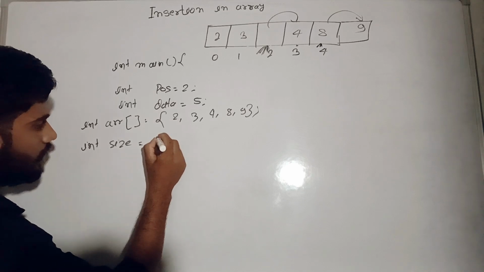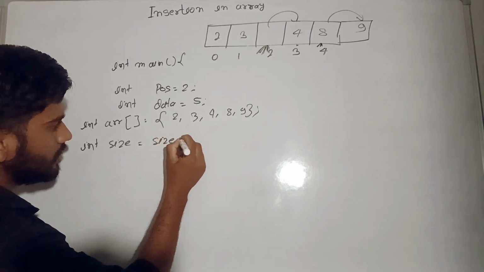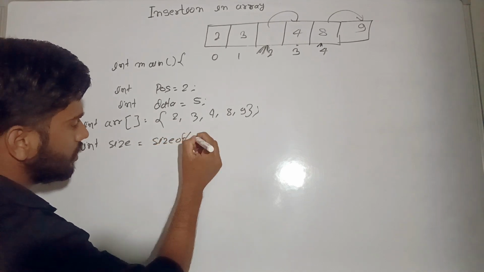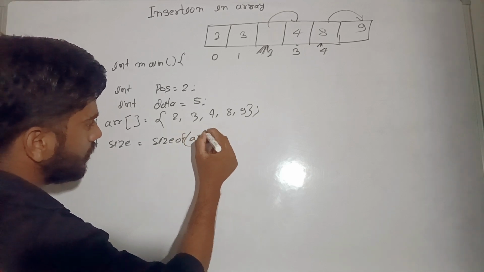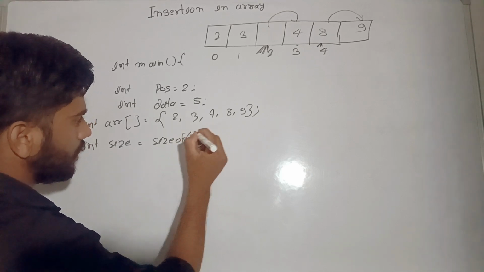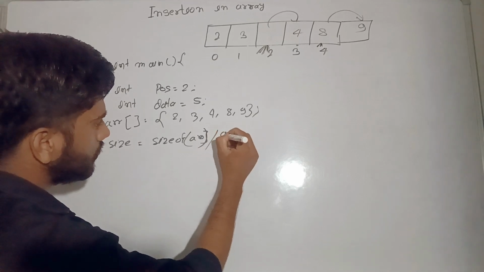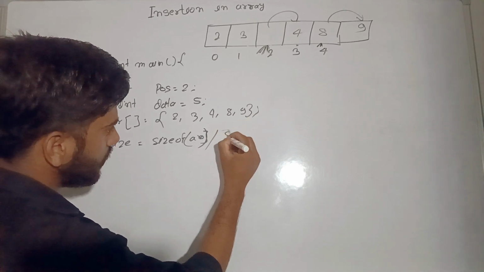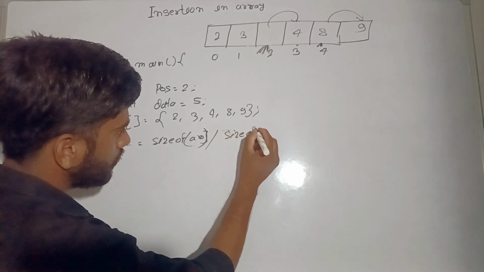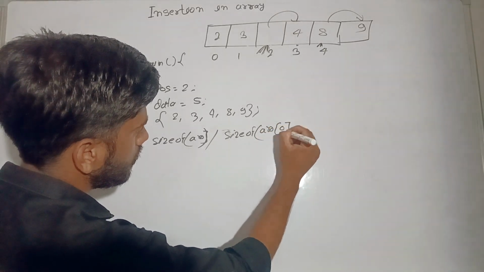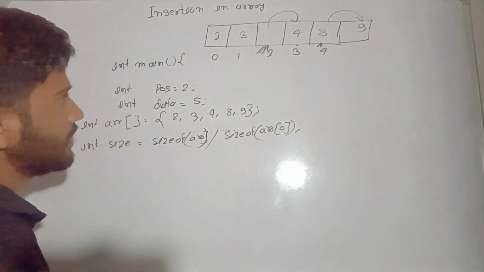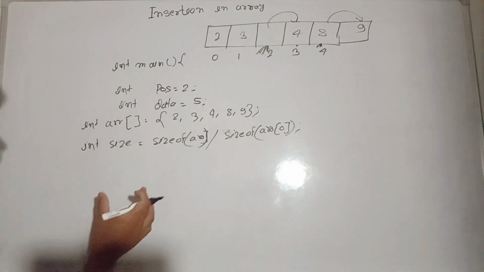Now calculate the size of the array. How can we find the size? With the help of the sizeof operator: sizeof array divided by sizeof array[0], we can find the actual size of the array.